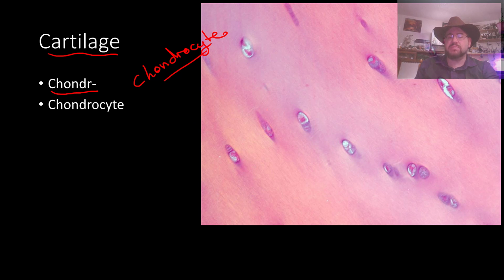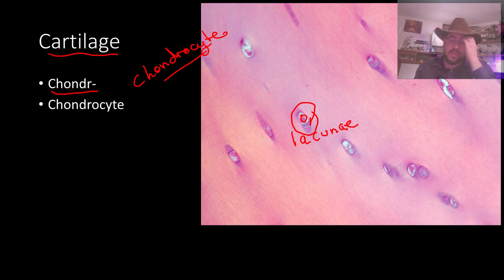And we can see in this beautiful picture of cartilage, right here is a little pit called lacunae, or lacunae is plural. Anyway, it's a little pit, and inside the pit is the chondrocyte. This specifically is the chondrocyte.